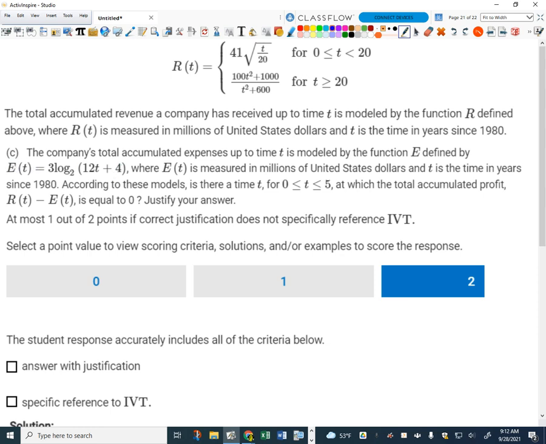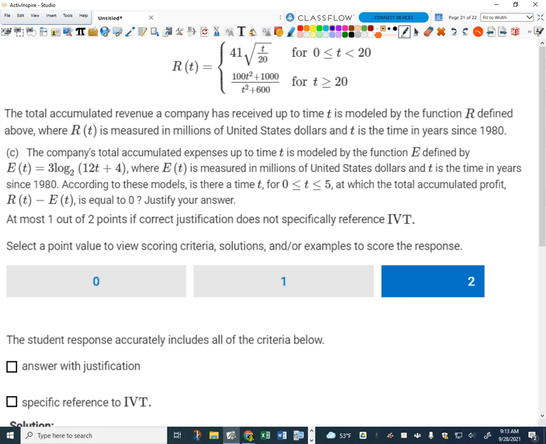It's a logarithmic function, base 2 log, where E of t is measured in millions of United States dollars and t is the time in years since 1980. According to these models, is there a time t on the closed interval from 0 to 5, where t is greater than or equal to 0 and less than or equal to 5, at which the total accumulated profit is equal to 0?